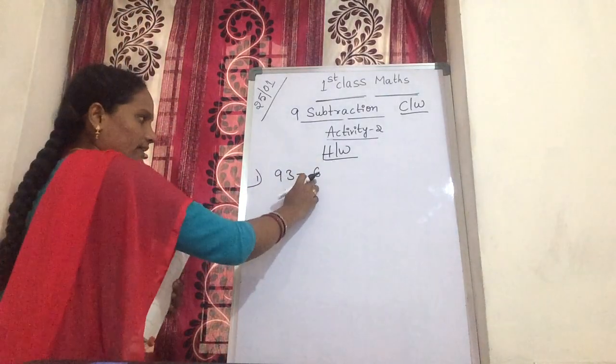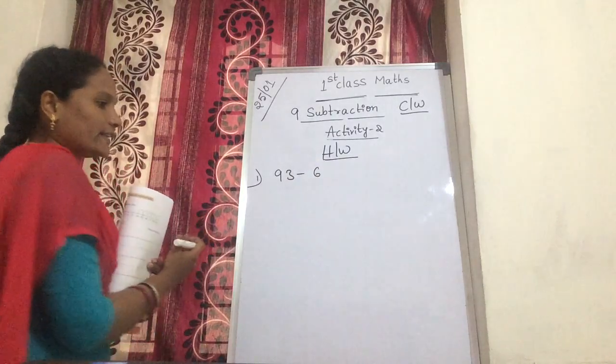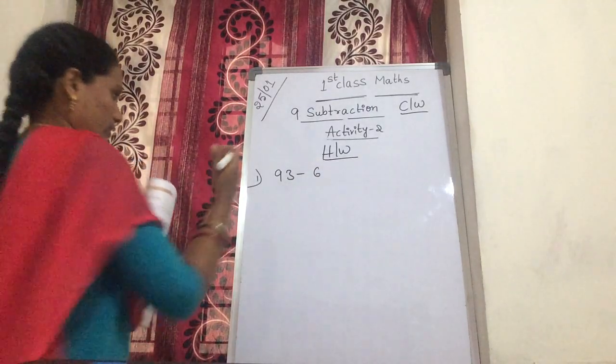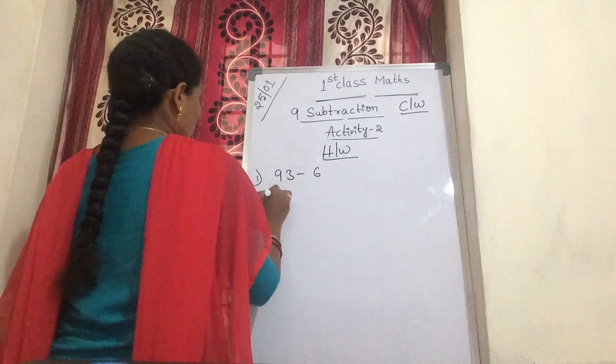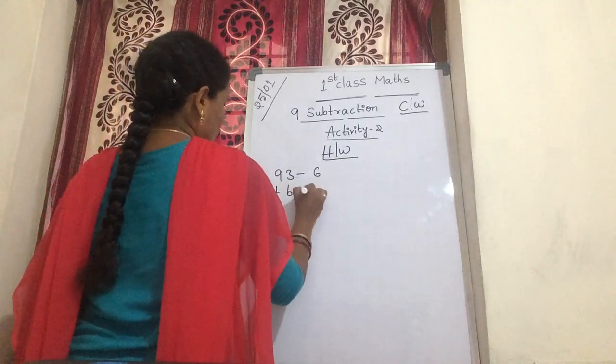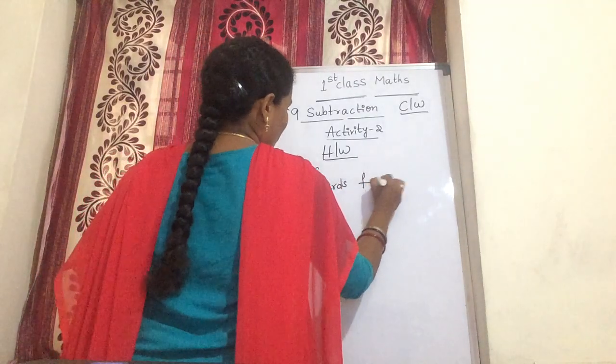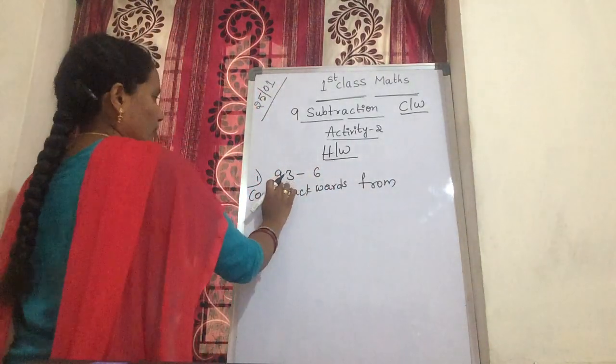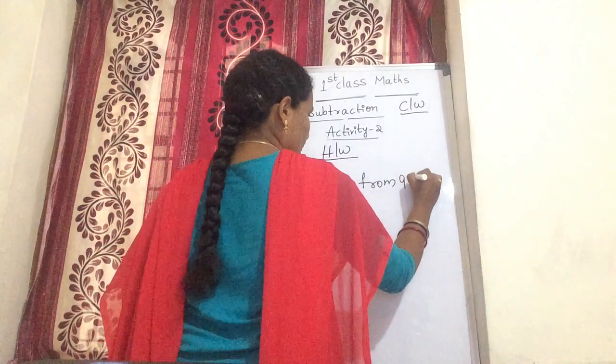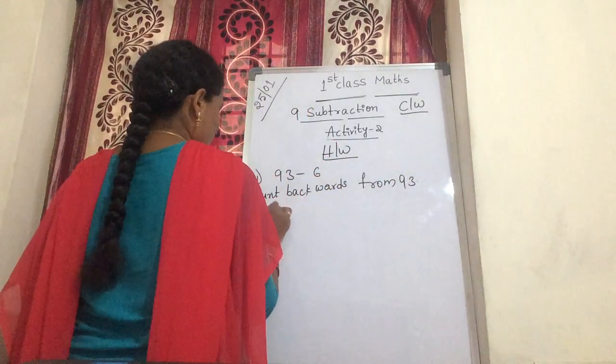You are repeating how many times? 6 times you write backward countings. Okay, like this. Count backward from where you will start, from 93. So how many times? 6 times.